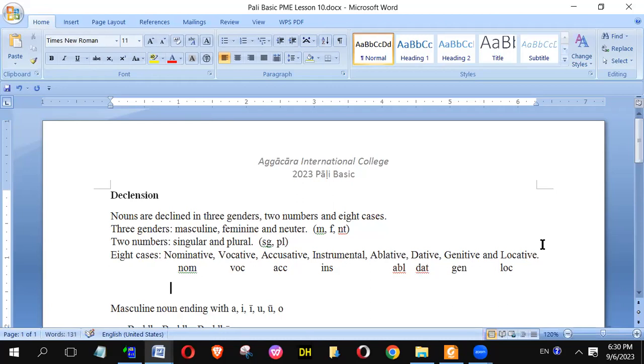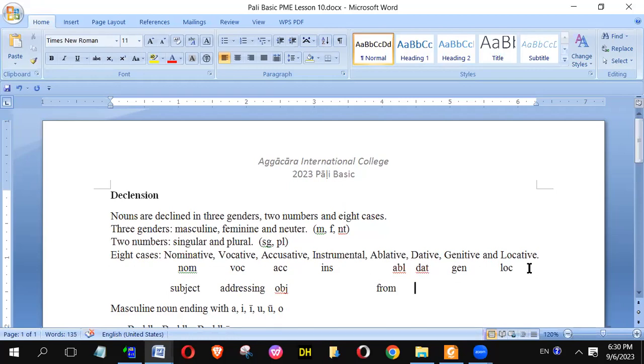So nominative, normally we use as a subject. Vocative, we normally use for addressing, like when you address somebody, like old monks, or an old child, or whatever. Accusative means the object here. Instrumental means used as an instrument, just take it as that. Ablative is normally used in the sense of 'from'. Dative is normally for purpose.